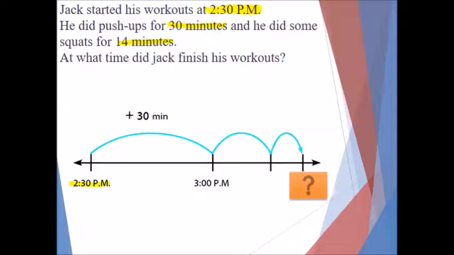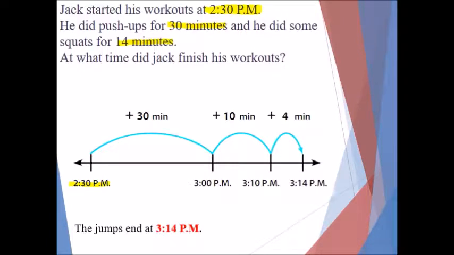We'll jump 14 minutes. We can break apart 14 minutes into shorter amounts of time. We'll jump 10 minutes from 3 to 3:10 p.m. Then we'll jump 4 more minutes from 3:10 to 3:14. The jumps end at 3:14 p.m. So Jack finished his workouts at 3:14 p.m.